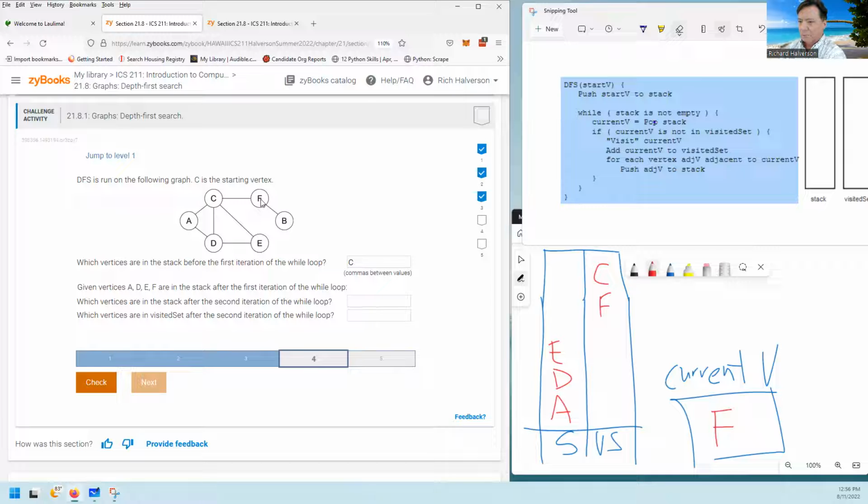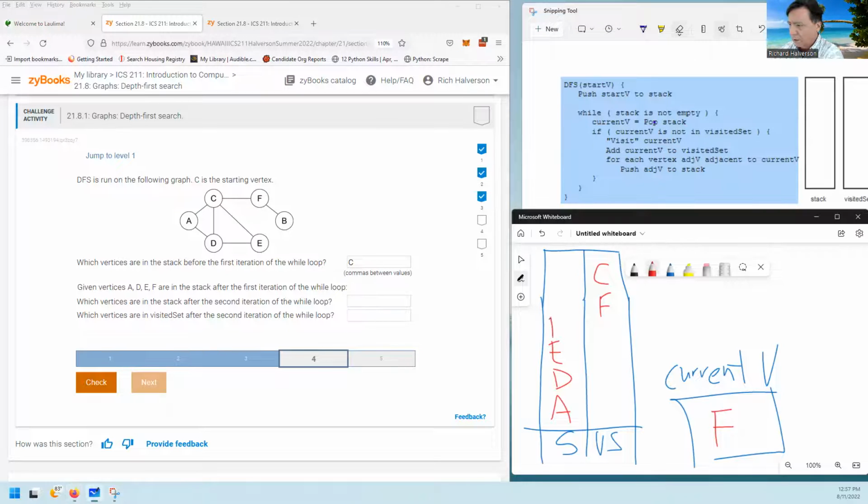Well, it's C and B. B and C. I'm going to keep it alphabetical. B and C get pushed onto the stack. F is gone, it gets replaced by B and C.